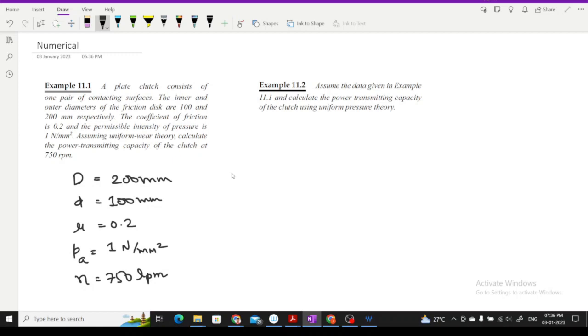Can anyone tell which equation you are going to use to calculate this force? We have derived all these equations just now.